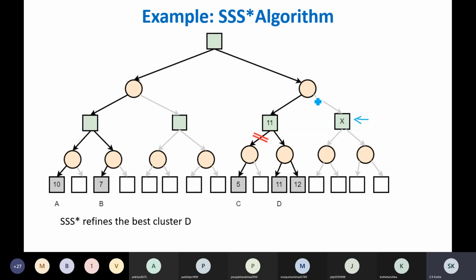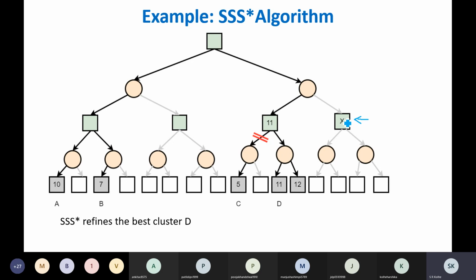This X is connected with a min node. Min is getting 11 out here. If it gets better than this 11, then it will take it, otherwise it will not take. So a better value for this min means the value should be less than 11.